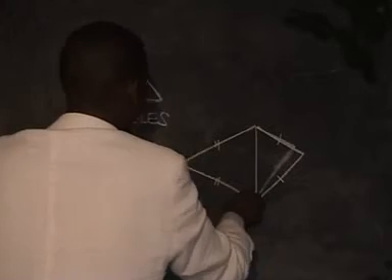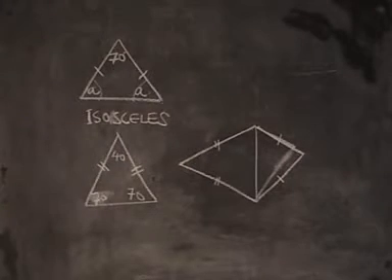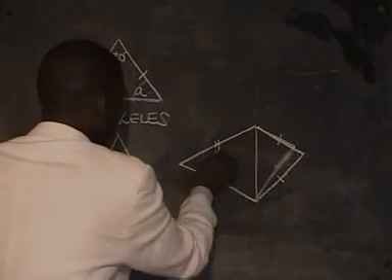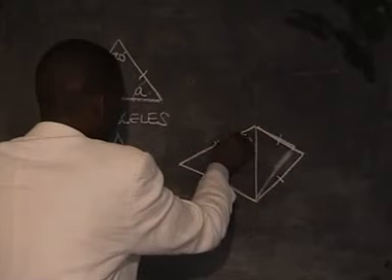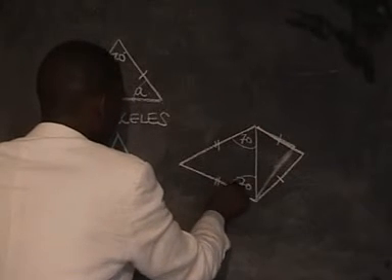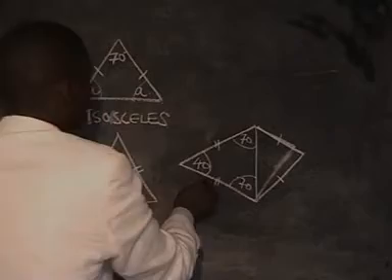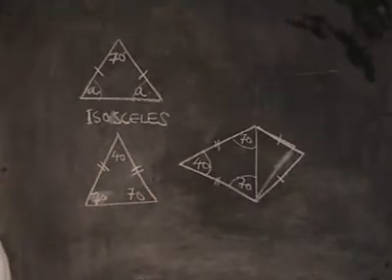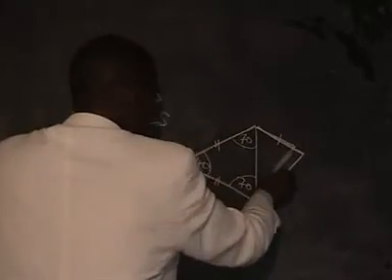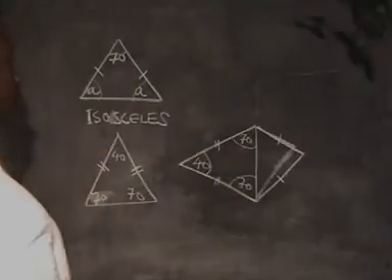Then two isosceles triangles join together to get a kite. If let's say this is 70 degrees there, and this is also 70 degrees there, and what is different is this which is 40 degrees, 70 plus 70, 140. Same applies. This is another isosceles triangle joined to another isosceles triangle.